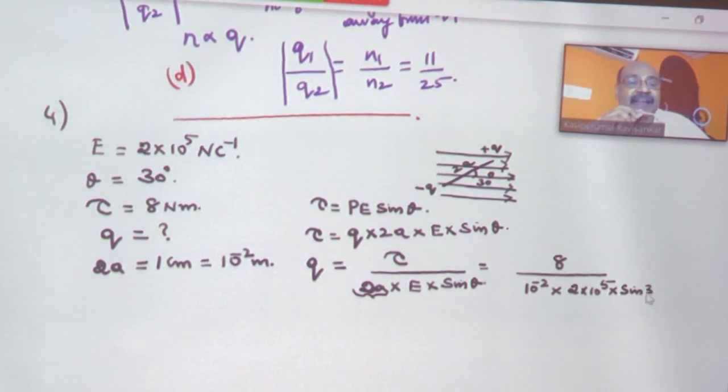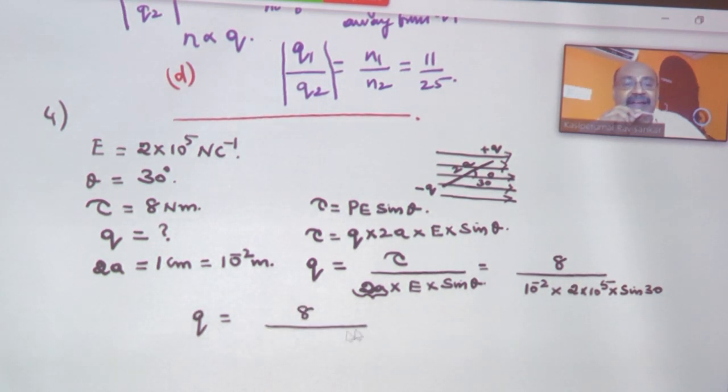What is the value of sin 30? Sin 30 is 1 divided by 2. So I can substitute Q is equal to 8 divided by 10 to the power of minus 2 into 2 into 10 power 5 into 1 divided by 2.